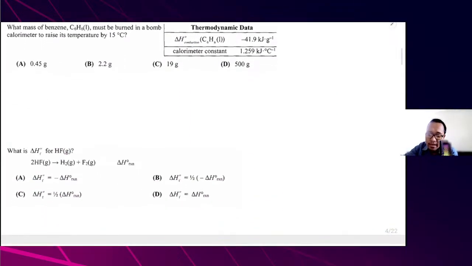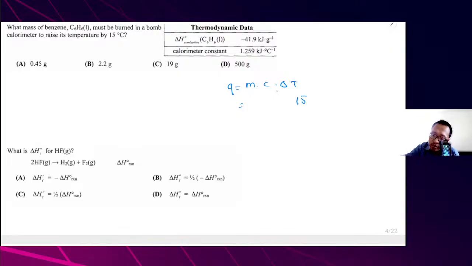What mass of benzene must be burned in a bomb calorimeter to raise its temperature by 15 degrees Celsius? It's kind of the same as the previous one, as long as you understand the equation Q equals mc delta T. Delta T itself is 15, right?